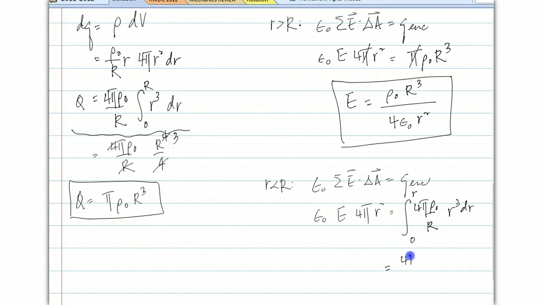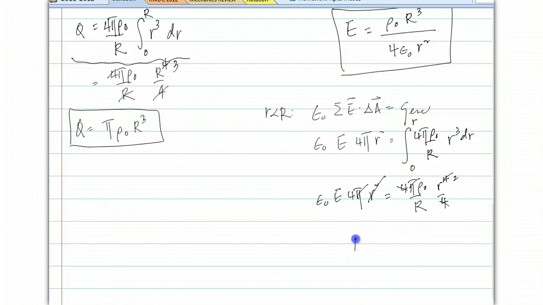So the right hand side becomes, and once again, r to the 4th over 4, cancels, epsilon naught E 4 pi r squared, that makes that a squared. Pi's will cancel, and so we have that E will be equal to rho naught r squared divided by 4 R epsilon naught.